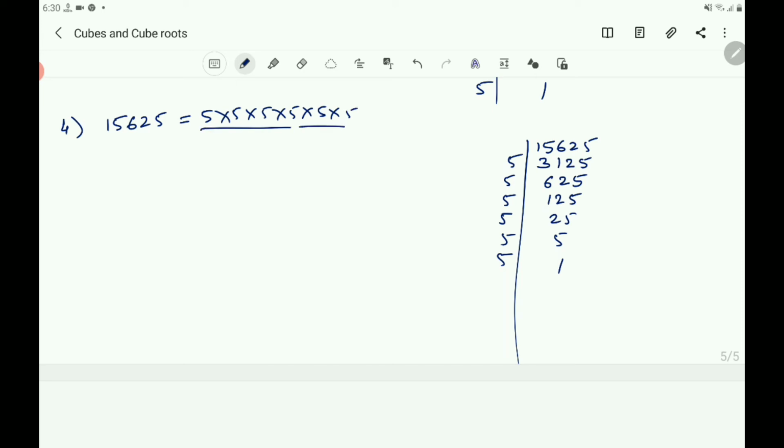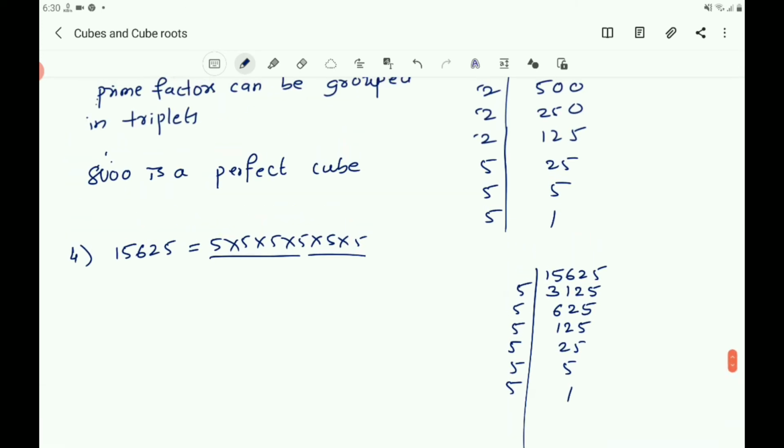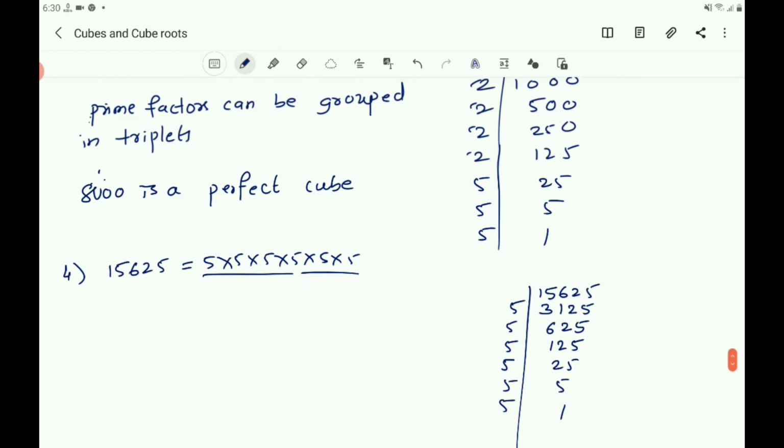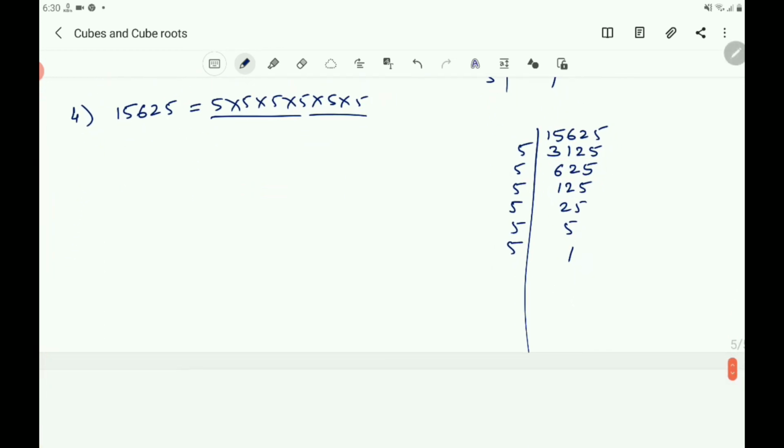So you make groups of 3 equal numbers. So you got perfect triplets here. Therefore prime factors can be grouped in triplets.